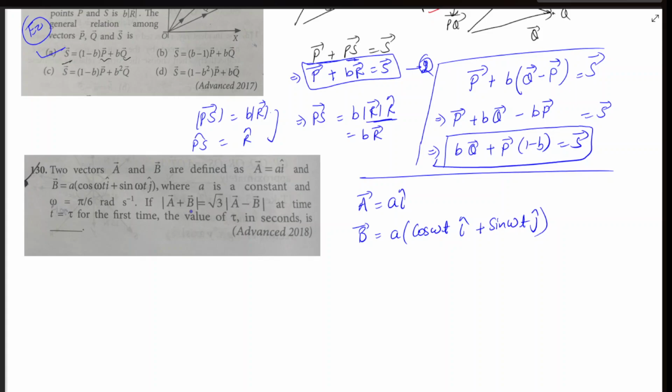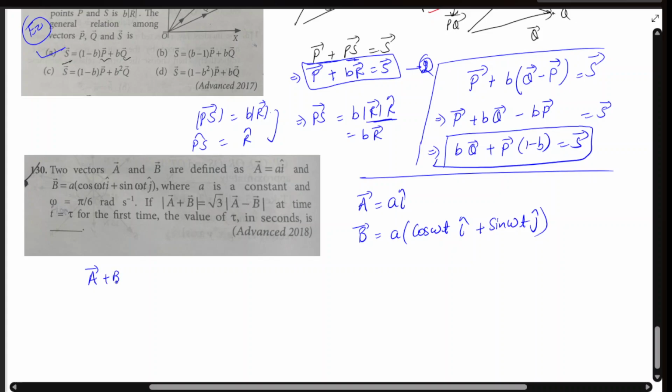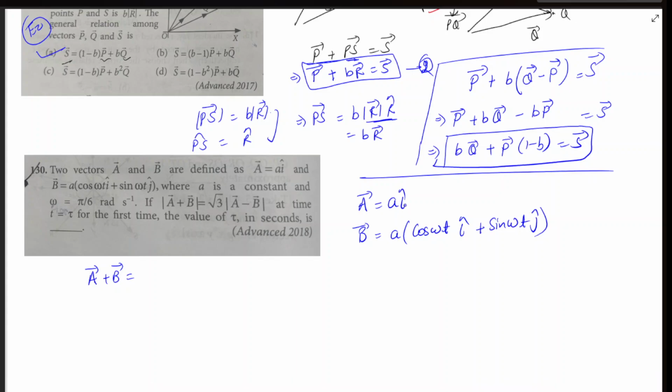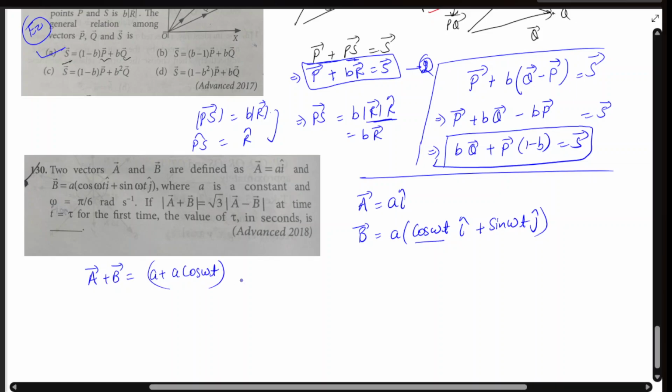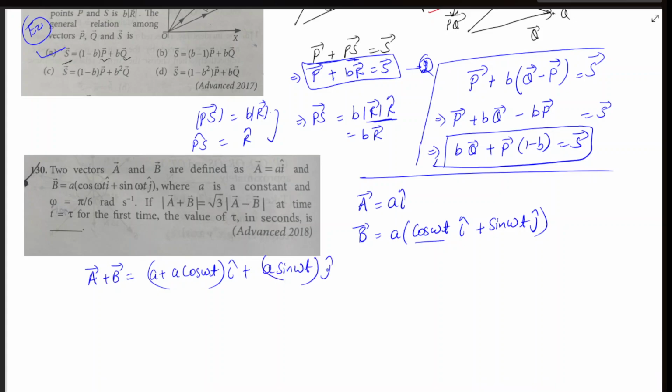Okay, so let's first write a vector plus b vector. The component in I cap will be added to I cap, so it will be a plus a cos omega t I cap plus a sine omega t j cap.